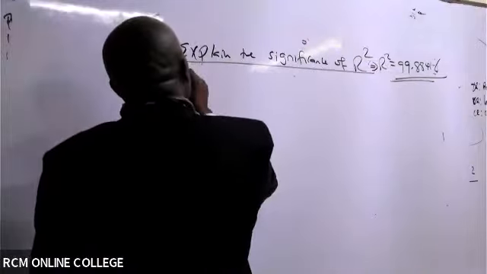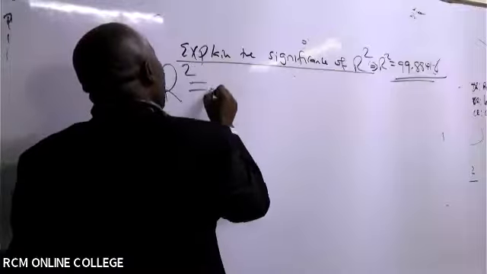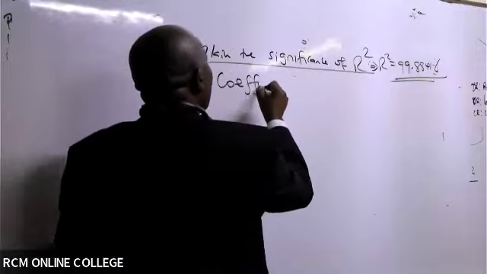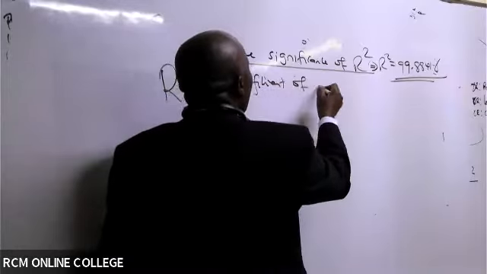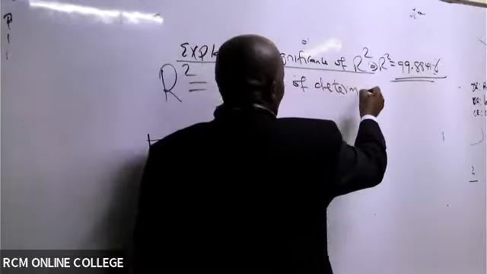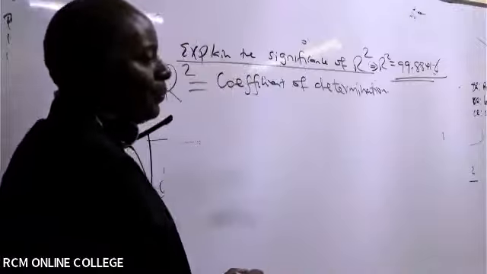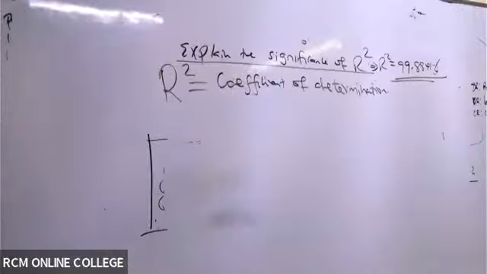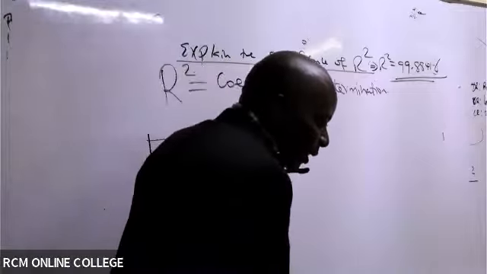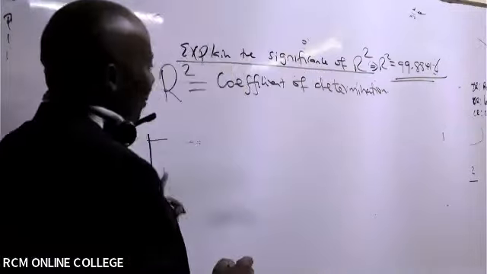If you remember very well, this r squared is also known as the coefficient of determination. Not correlation, but determination. R squared is the coefficient of determination.